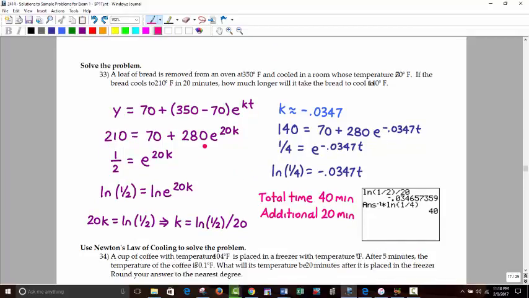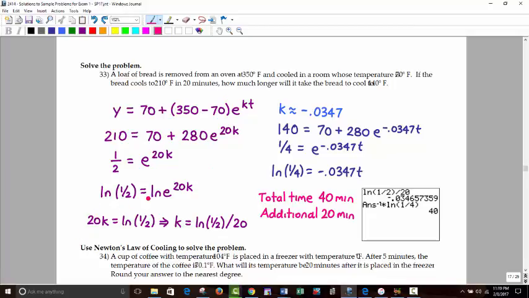If you bring the 70 over, that makes it 140. Then when you divide by 280, 140 divided by 280 is 1/2. So you have 1/2 equals e to the 20K.